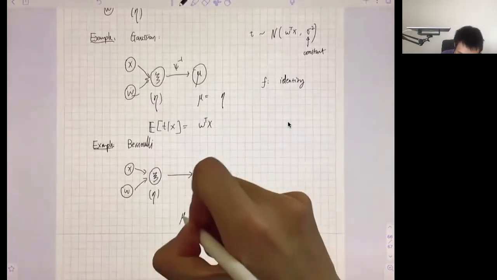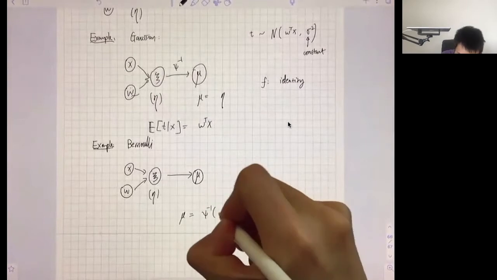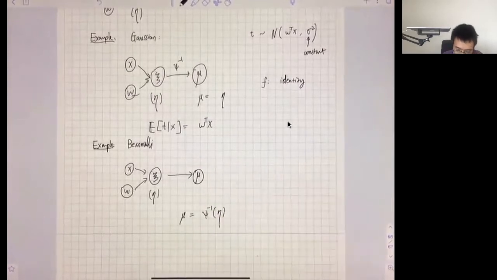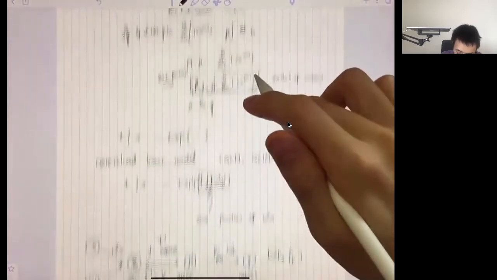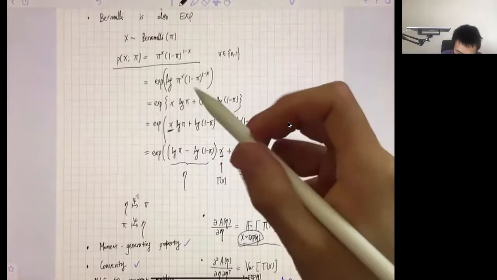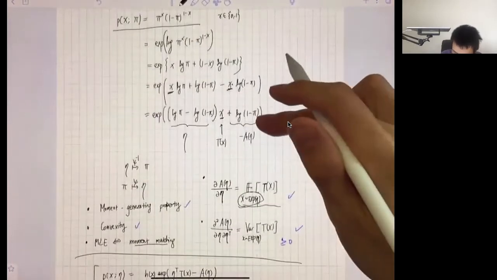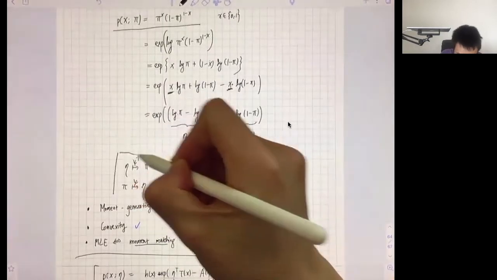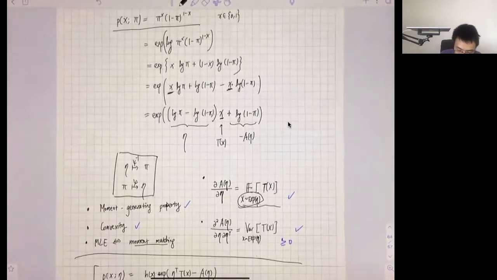The mu is, again, the psi inverse of my eta. This time the psi inverse is here. I think I mentioned it earlier, but I've erased it, so I can compute it again.